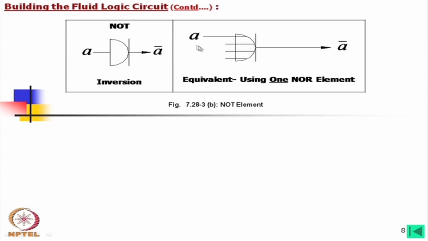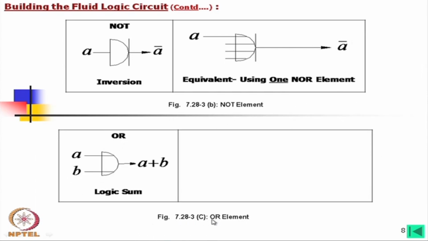NOR gate is having multiple inputs and then the NOT of that. Now, using such a NOR gate with only one input we can get the NOT gate. This is very simple, but this can be done.